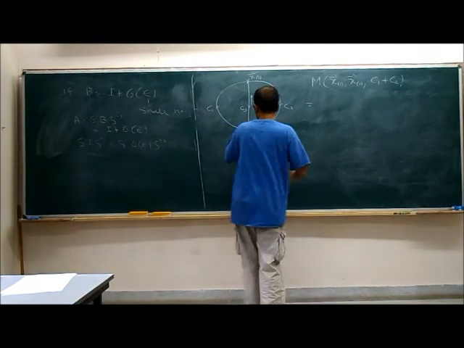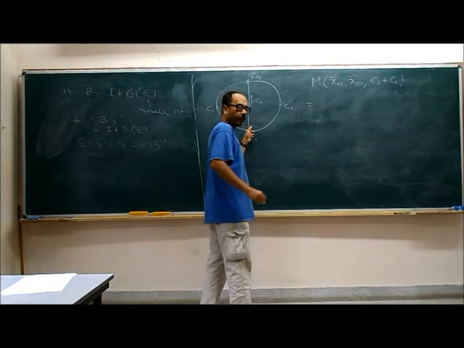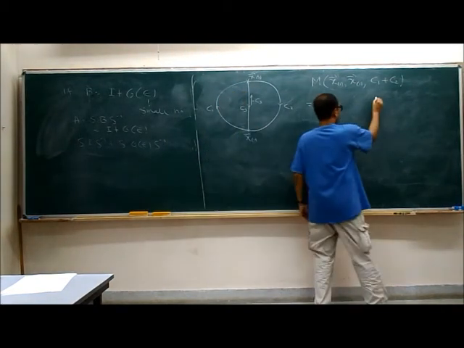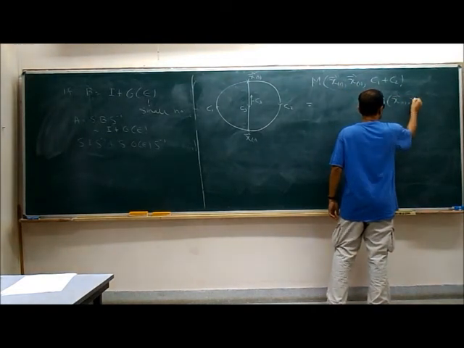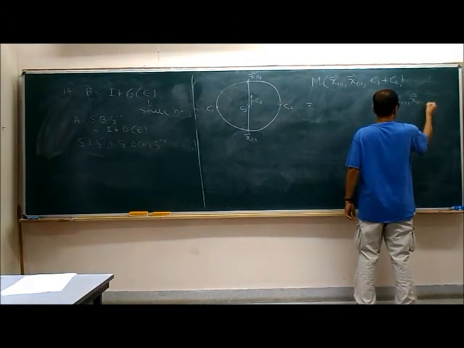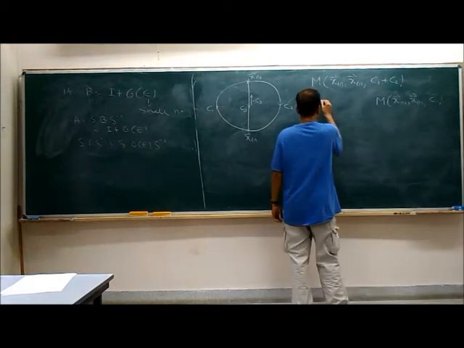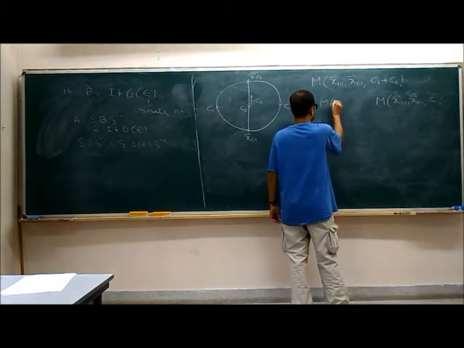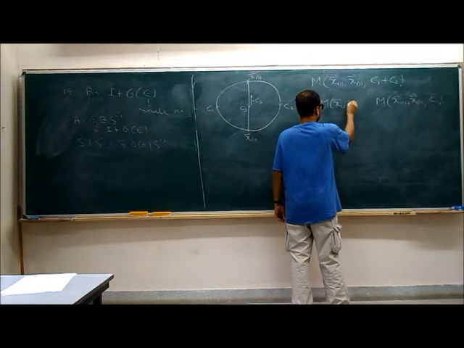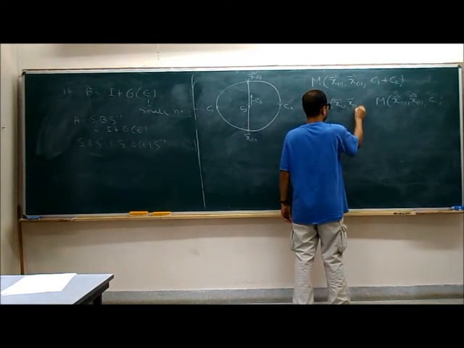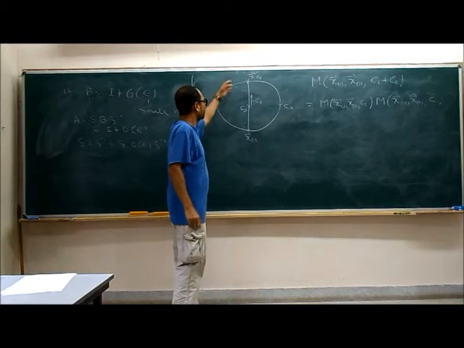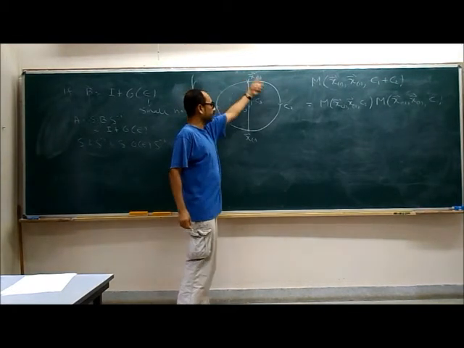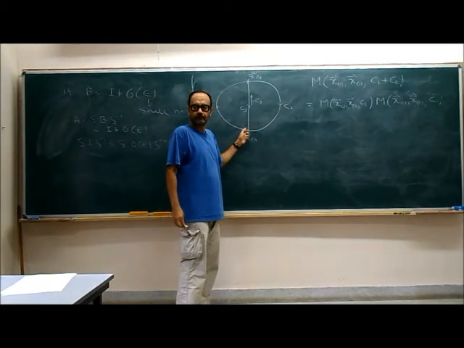This I can write again as this followed by this. So M x1, x2, C1, and then M x2, x1, C2. You go this way, then go this way.